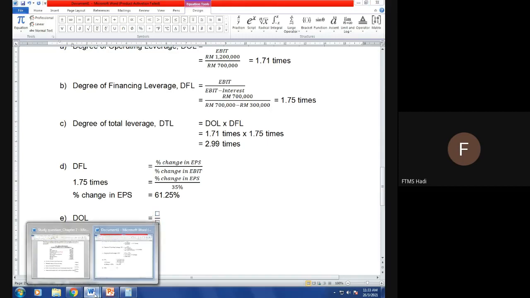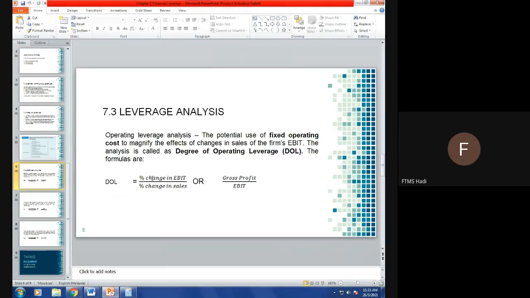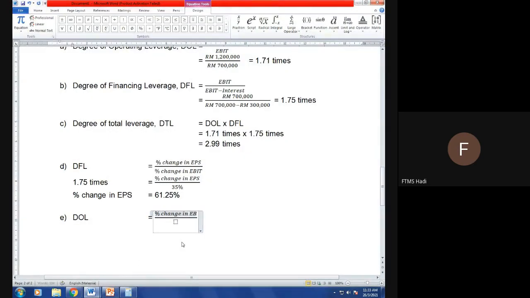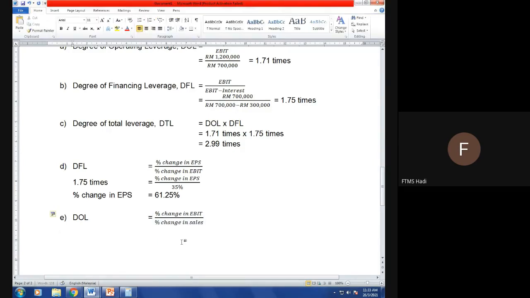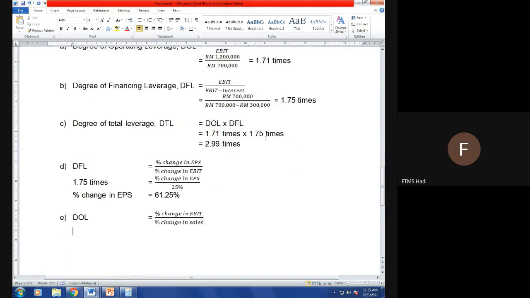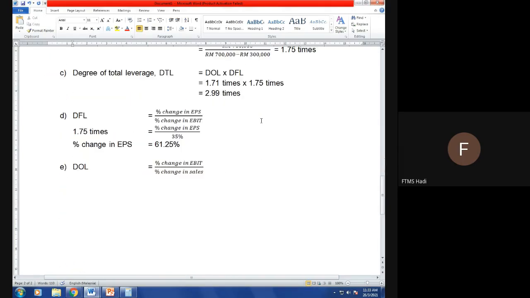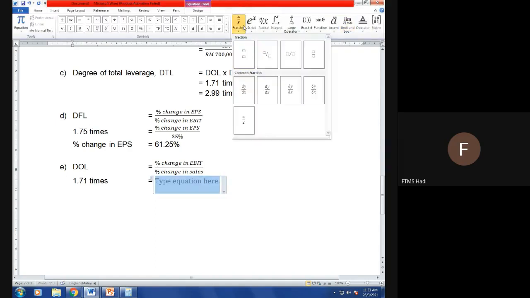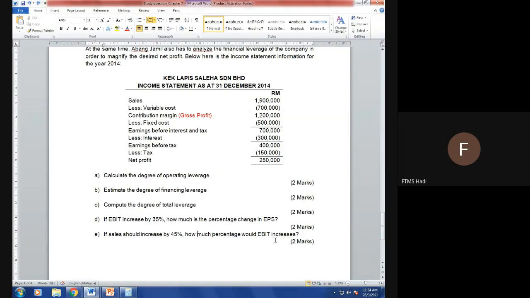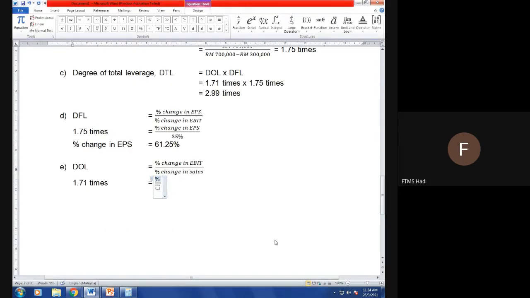For DOL, percentage change in EBIT divided by percentage change in sales. You got the DOL figure already in question A, 1.71 times. Percentage change in EBIT, the increase, is the answer that you want to find.